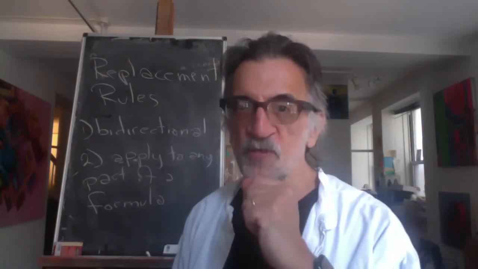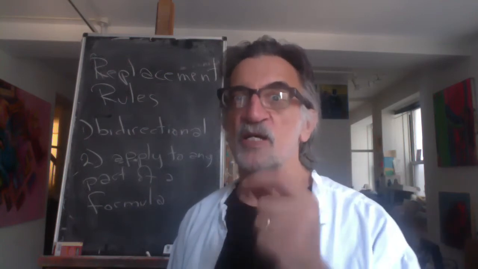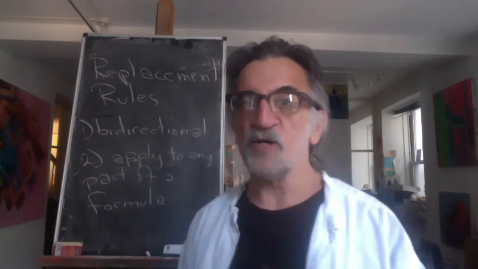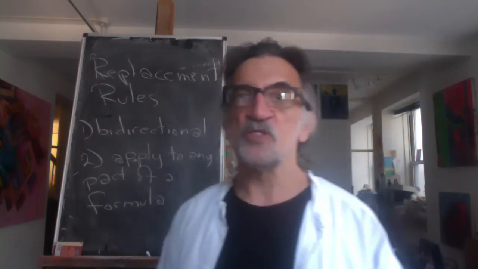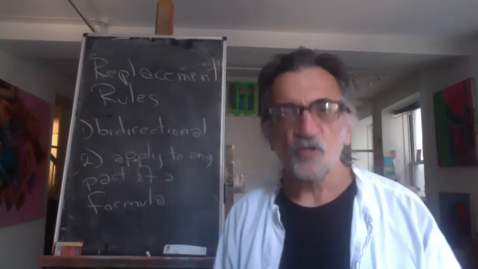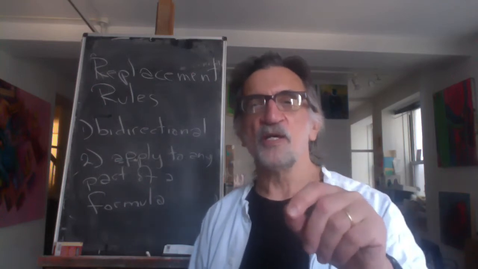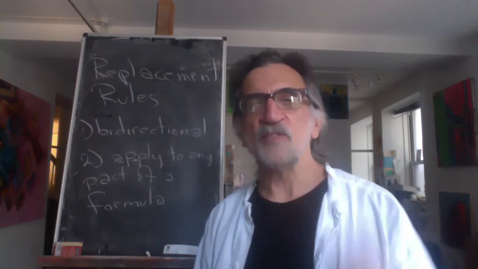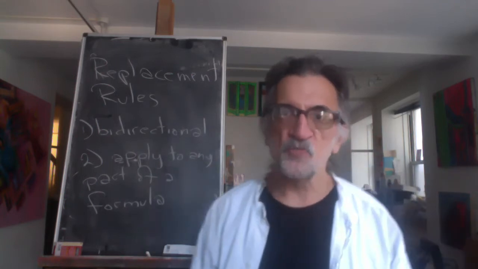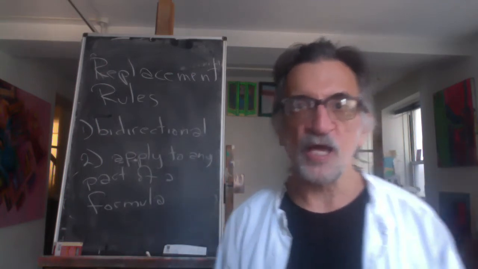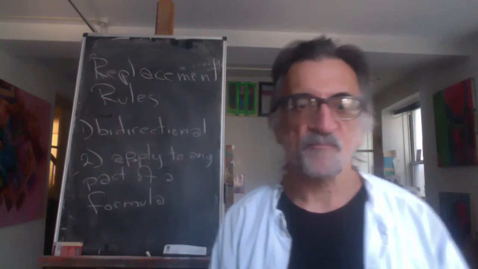You might come up with a very interesting kind of proof, and lo and behold, that proof uses only replacement rules and gets us in an interesting way from one point to the other. But this intuition, going from one point to the other, is what I want to zero in on as demonstrating one of the differences between rules of inference and replacement rules.